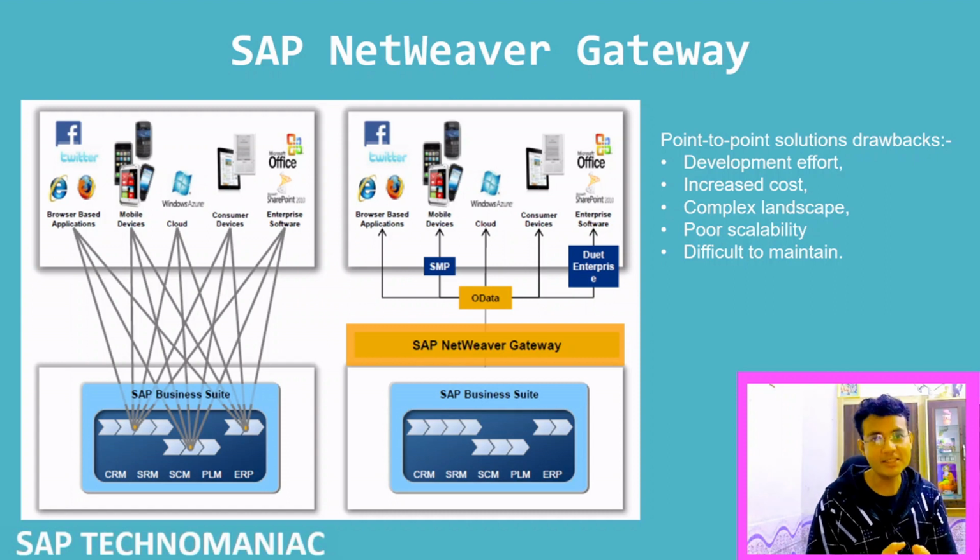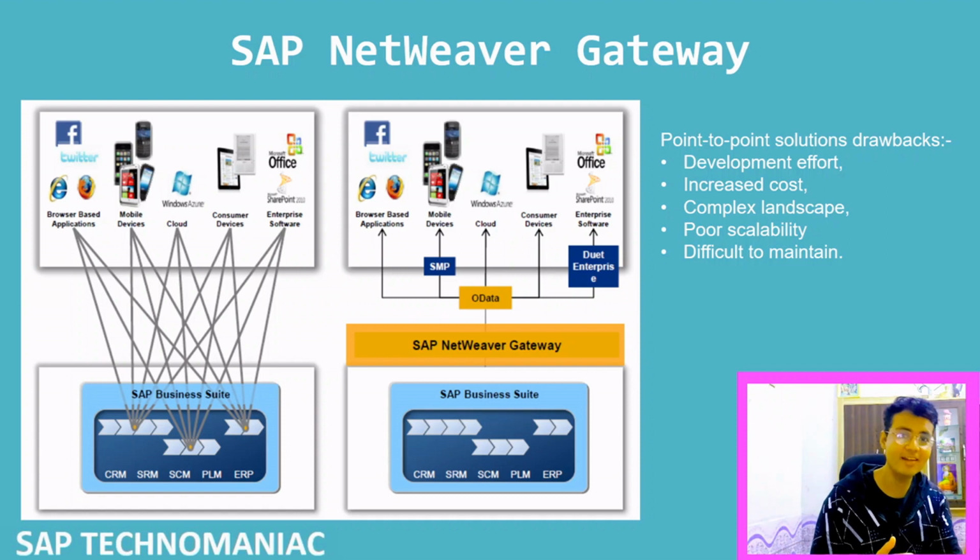And obviously, if you do more development and create more services, it will increase the cost, and the landscape also becomes more complex. For the same data, we have to send to Excel in one case, else send there, so we have to put a lot of if-else conditions.